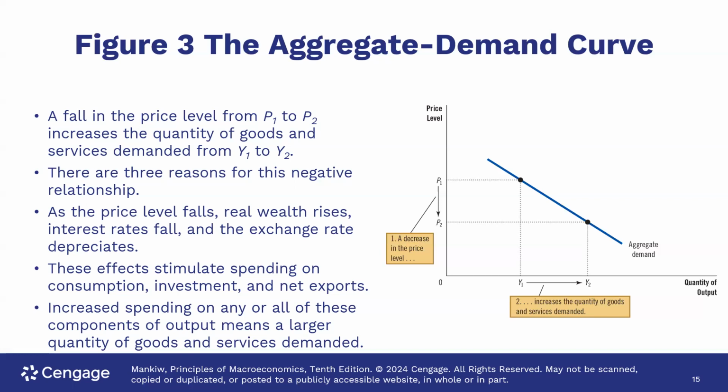So if the real interest rate doesn't change, when the price level goes down, the nominal interest rate will go down. And lastly, the exchange rate will depreciate. So the local currency will become cheaper if the price level falls. All right. So this effect stimulates spending on consumption, investment, and net export. It will increase spending on any or all of these components of output. It means a larger quantity of goods and services demanded.